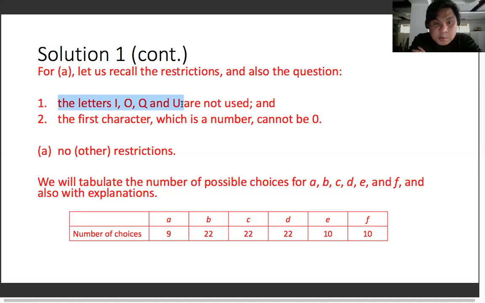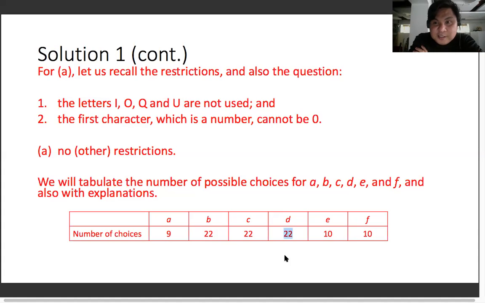I, O, Q, and U. So if we had 26 letters to begin with, and we take 4 of them out, that only gives us 22 possible letters to work with. Okay, so position B would have 22 letters to choose from. So is position C and position D.